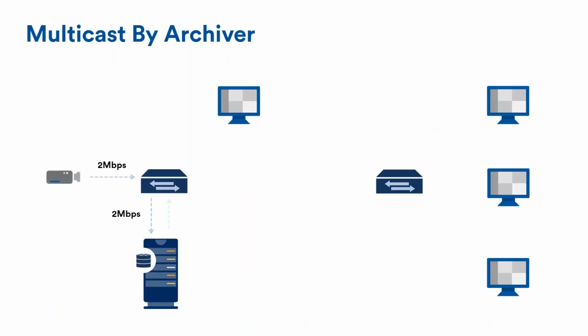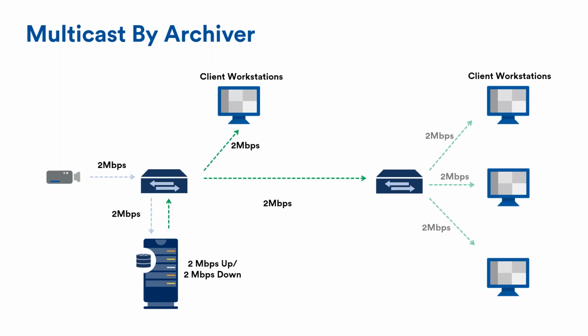So the first scenario here is the default scenario. However, if a customer wants to use multicast, we completely support that, but two things have to happen. First of all, you have to confirm that your switching hardware supports it. What's required is a protocol called IGMP, Internet Group Management Protocol.